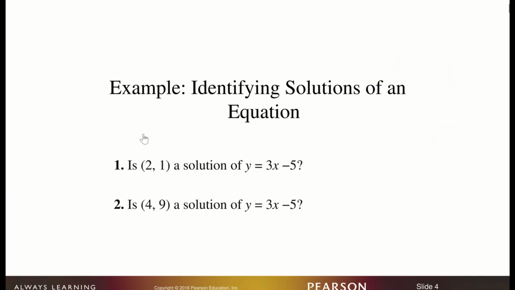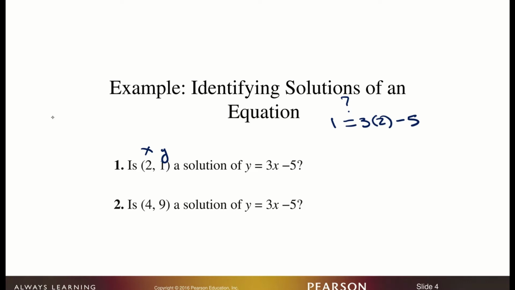So to see if we can identify solutions of an equation, consider this. We want to know if the ordered pair 2, 1 is a solution of this linear equation. Well, remember, 2 represents x and 1 represents y. So we substitute 1 for y and 2 for x. So we have 3 times 2 minus 5. And of course, we put a question mark above that because we're not claiming, we're checking.